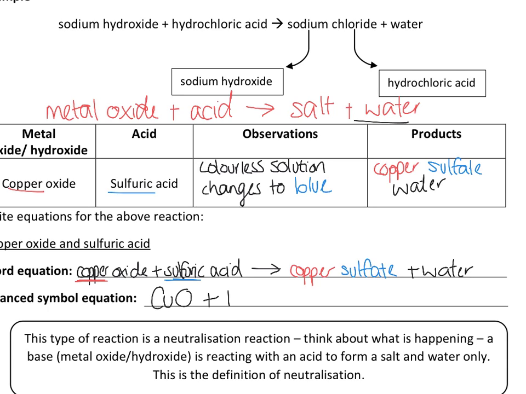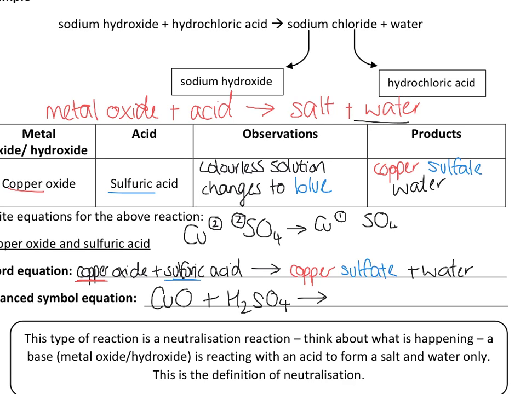plus sulfuric acid, which is H2SO4, reacts to give us copper sulfate. Now again we need to do our swap and drop. Again, copper has a valency of 2. We know that sulfate is SO4 2-, so it has a valency of 2. We can cancel down at the start to make this a little bit easier.